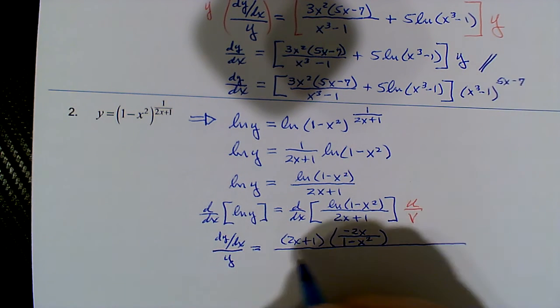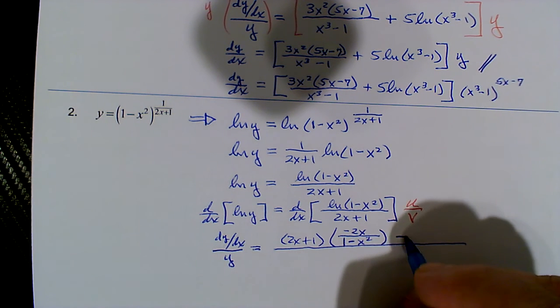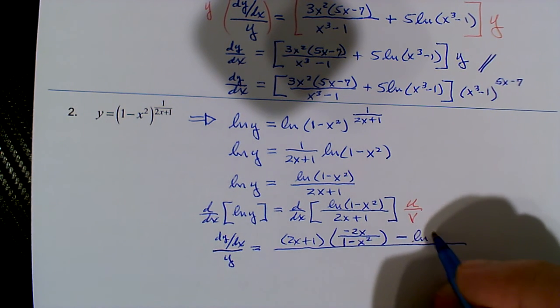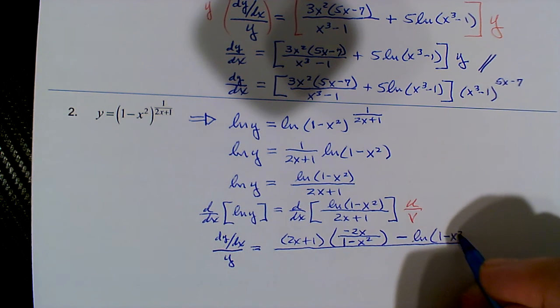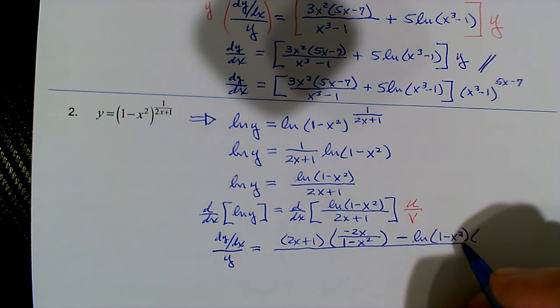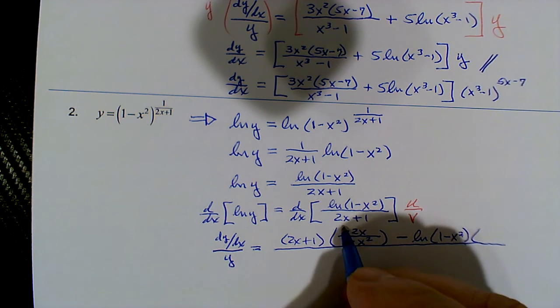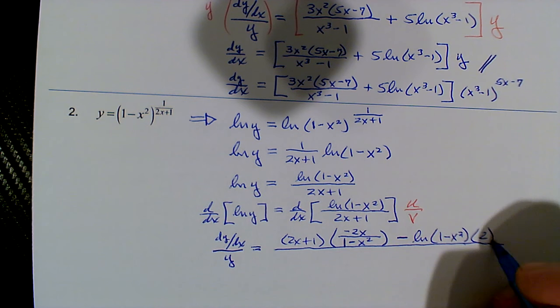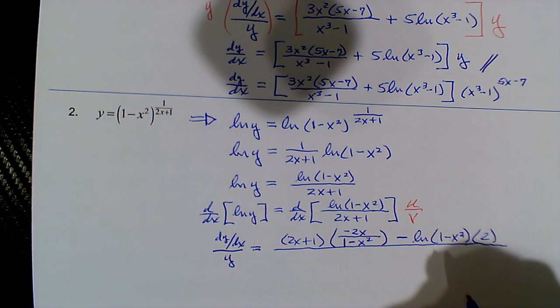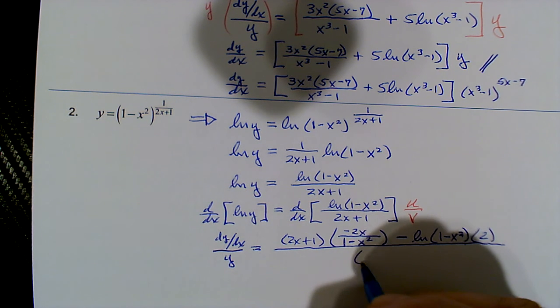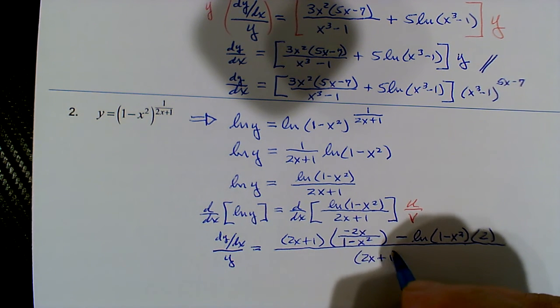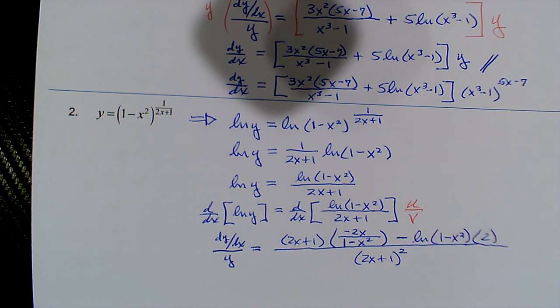So there's denominator, derivative of numerator, now minus numerator, natural log of the quantity 1 minus x squared times the derivative of the denominator, and the derivative of 2x plus 1 is just simply 2. And that's all over that denominator, 2x plus 1 as a quantity squared.